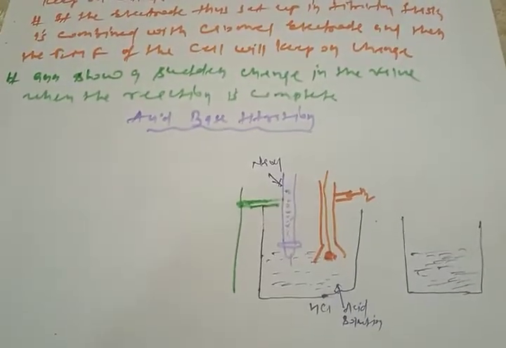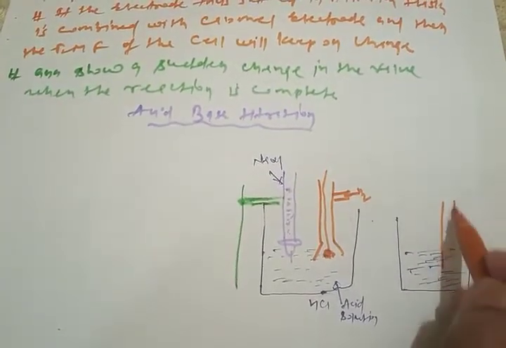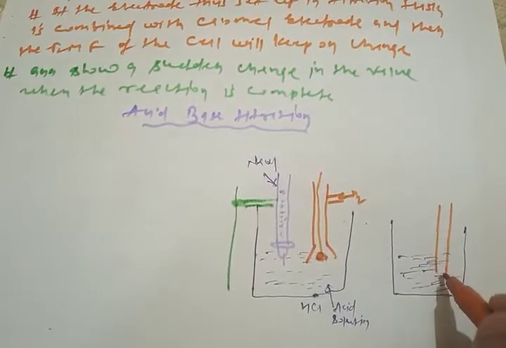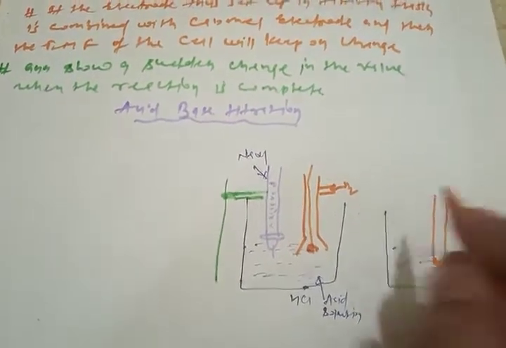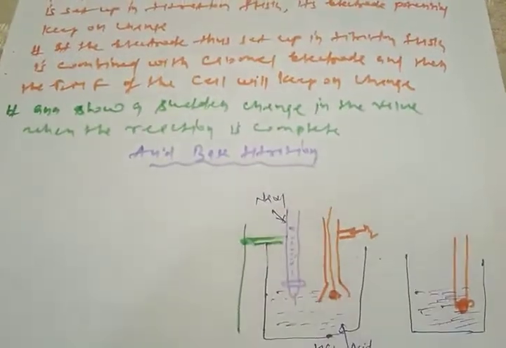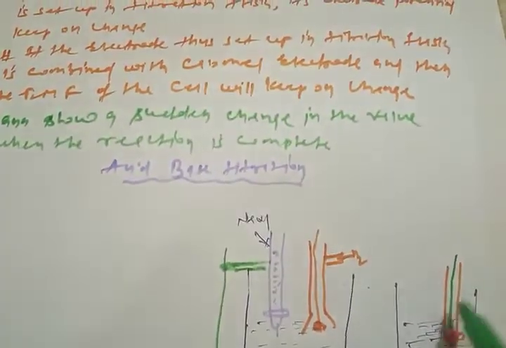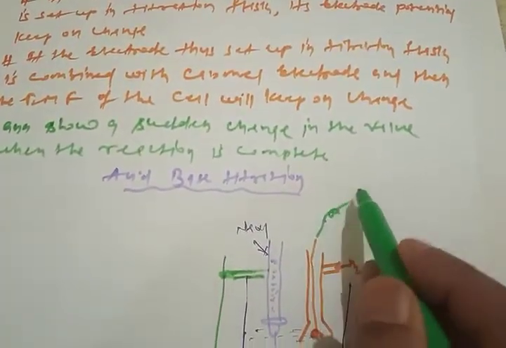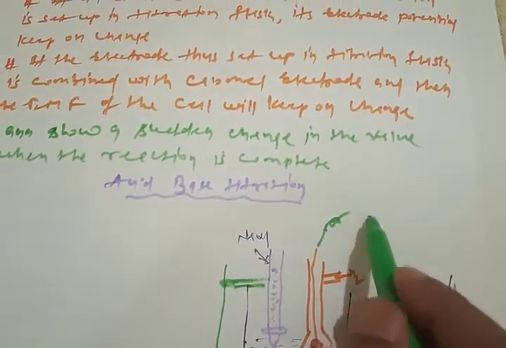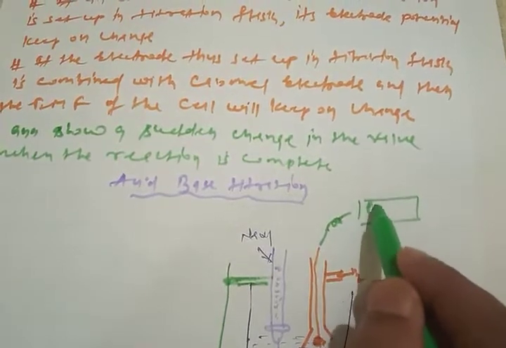This is nothing but another electrode, paste of AgCl. Now we have two electrodes, so we will combine these two electrodes. This is the vacuum tube potentiometer, where the value will be shown. Okay, this is the potentiometer.